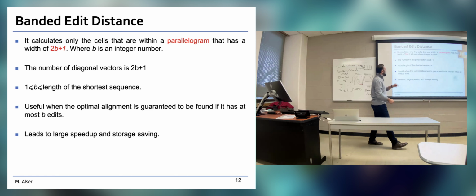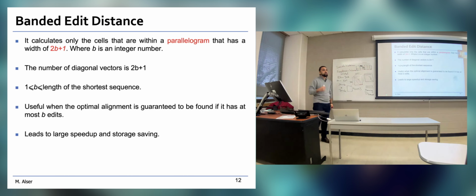Now, what is the second part of it? Why at most B edits? So we said the main diagonal is always the thing that connects the 2 corners of the table. Okay. Now this is the main.